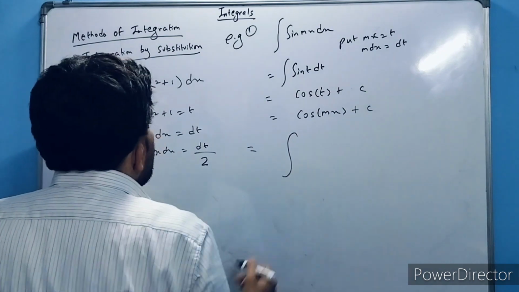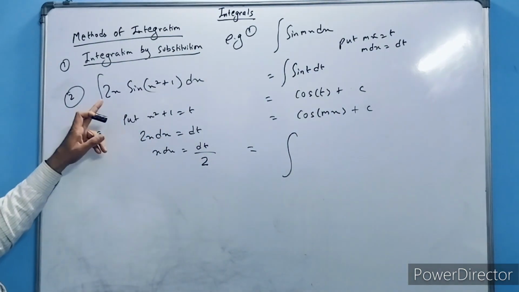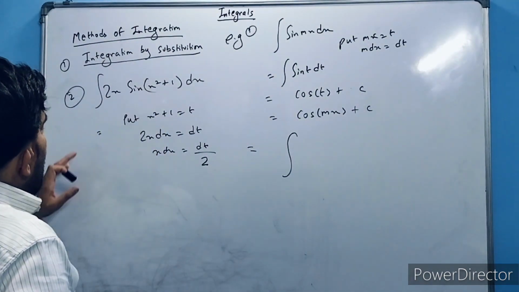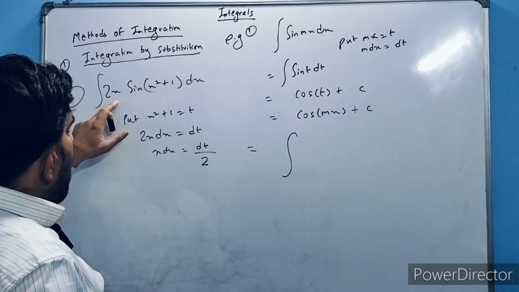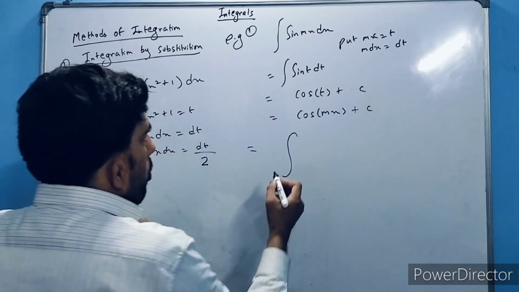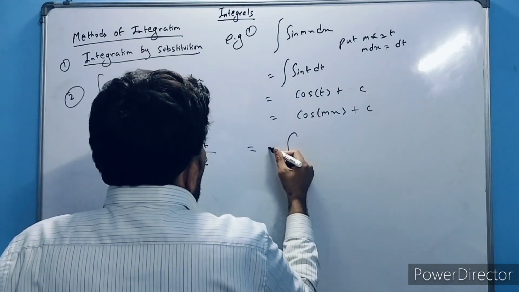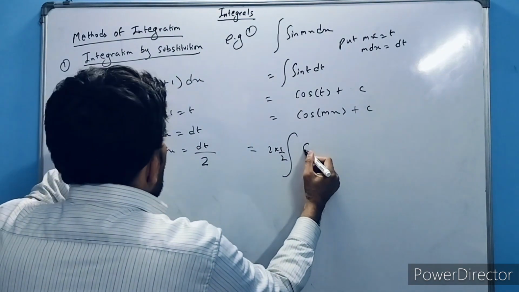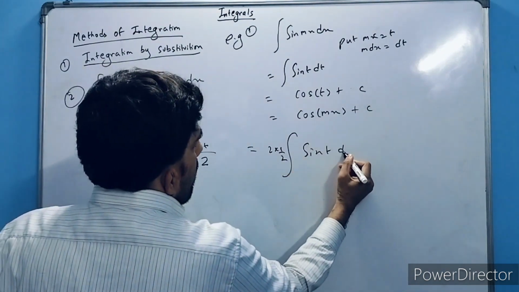Since 2 is a constant, I take it outside, and x dx is equal to dt upon 2. Here I put only sin t dt.